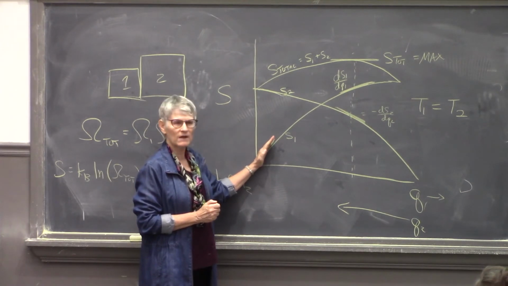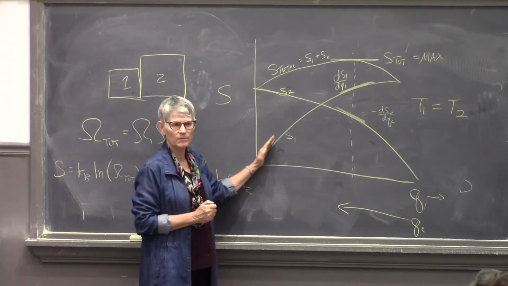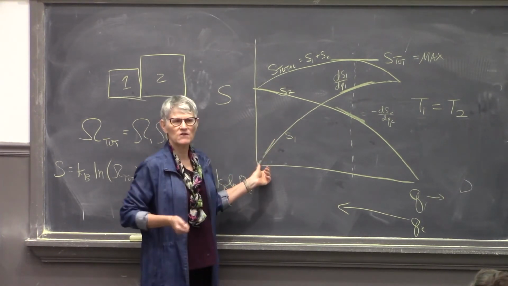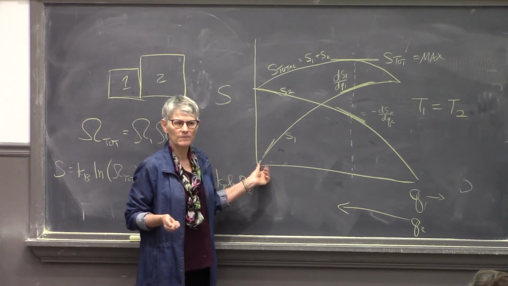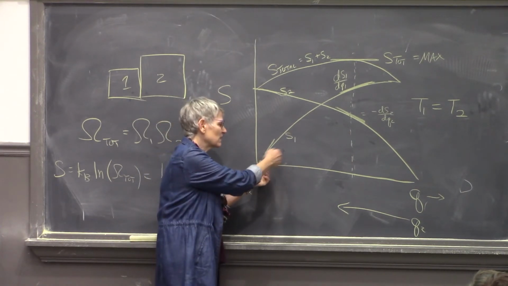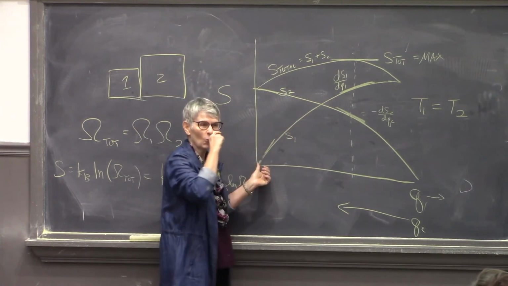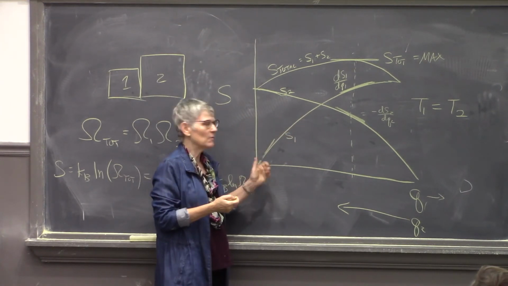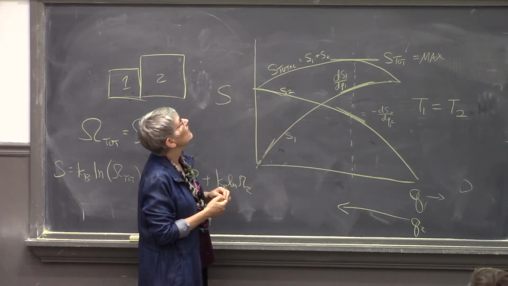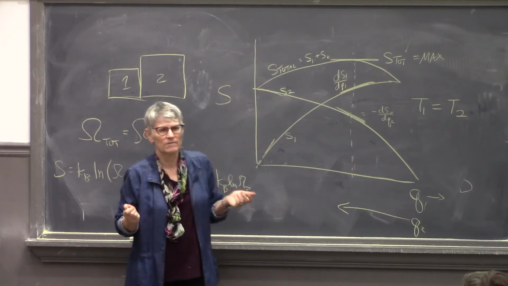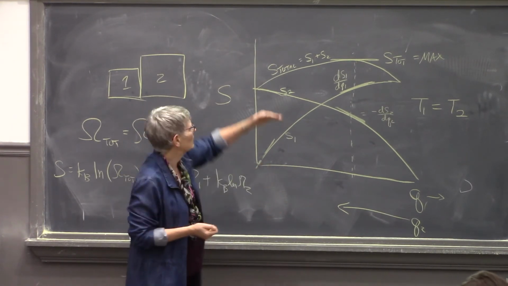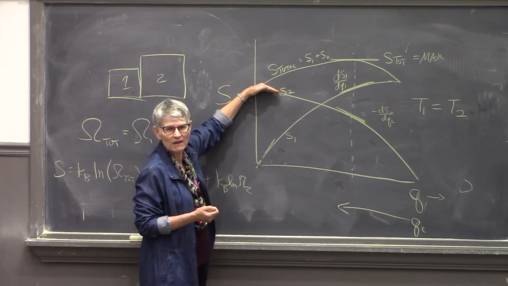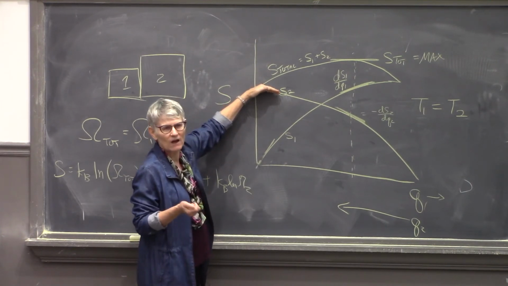Here we've got a big dS/dE, and yet block 1 has very little energy in it. So it's accepting energy and getting warmer. So a big dS/dE means low temperature. A smaller dS/dE means higher temperature.